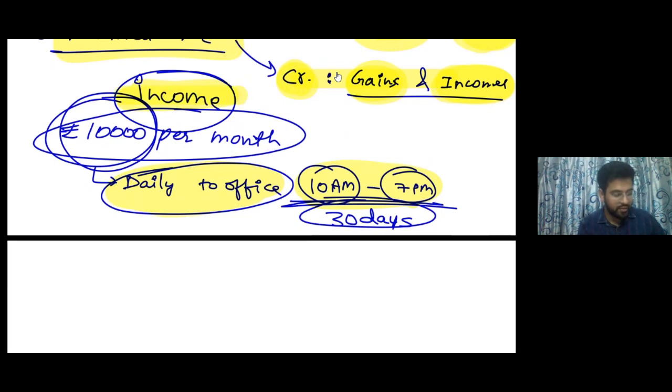So here the income of rupees 10,000 would be credited, and I will feel bad by getting this income because I have put a lot of efforts into earning this income. Obviously when you receive the cash you will feel happy, that is the real account concept, but I have to do a lot of efforts for that, so I will feel bad for that.